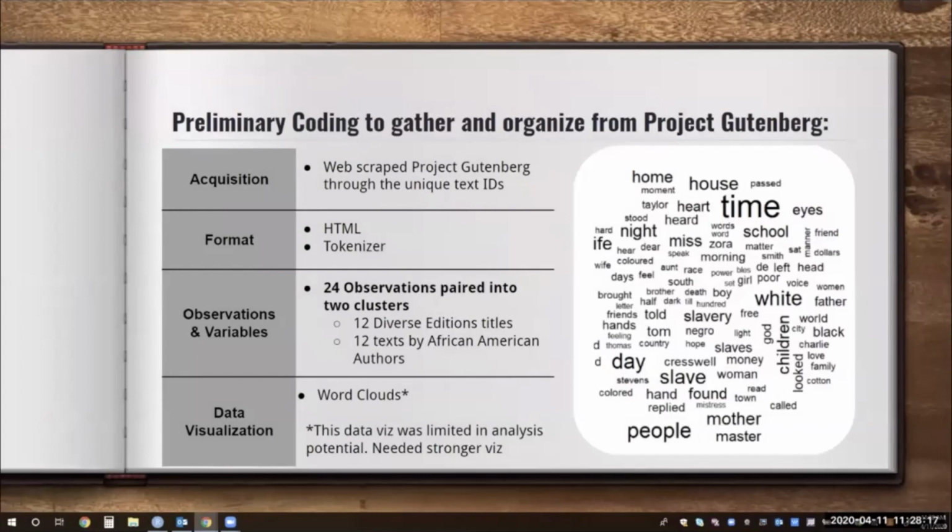Once we were able to view this word cloud, we realized that this data visualization, while helpful, did not accomplish our goal of understanding the varying perspectives of our text clusters. So we explored more possibilities for our code and arrived at sentiment analysis coding, which we will now discuss.